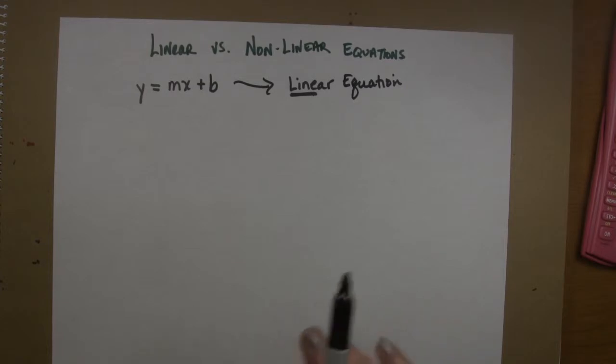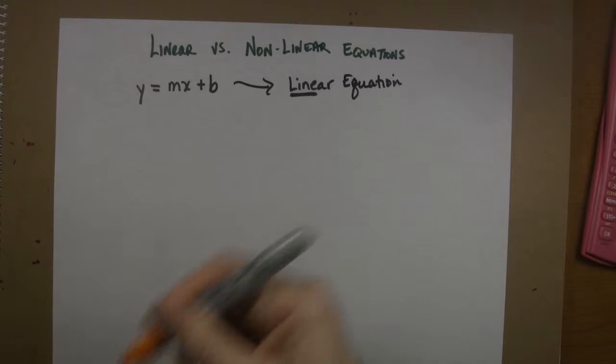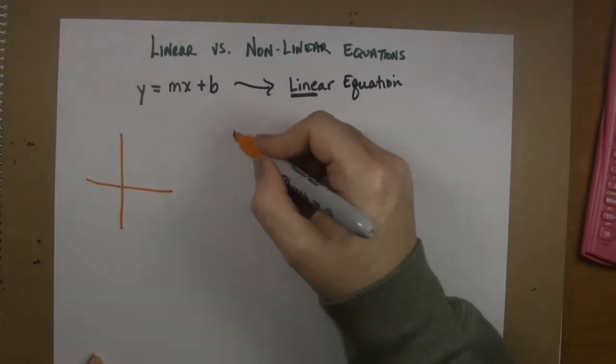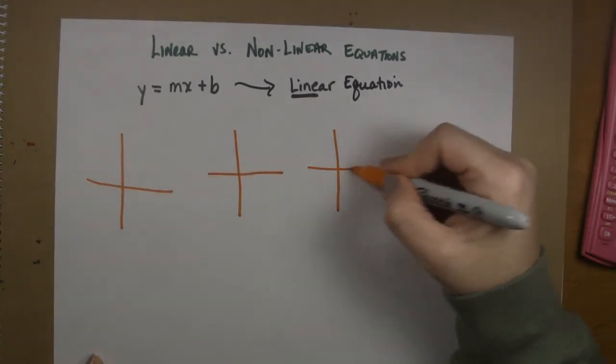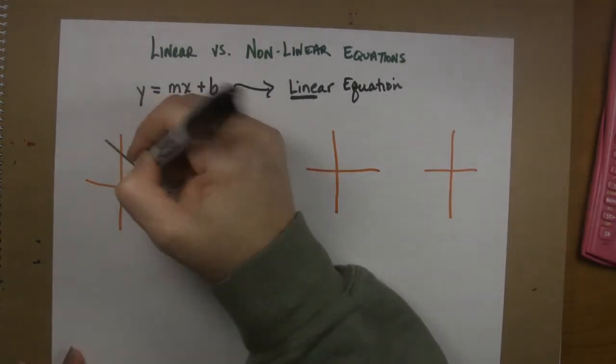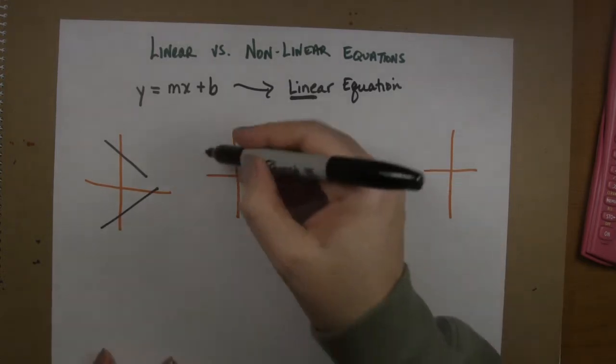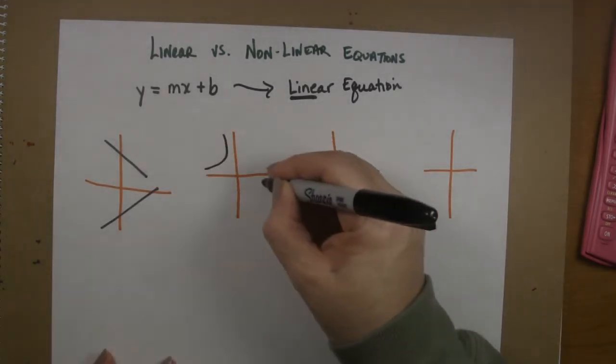There are lots of different types of graphs, though. So when we think about graphs, we can have linear lines like that, or like that, but we can also have goofy stuff. We can have this.